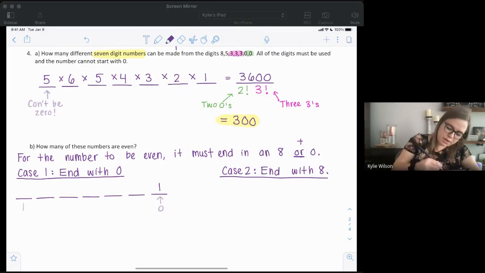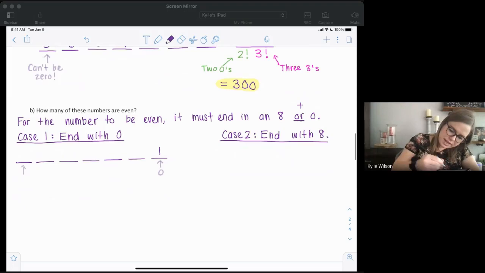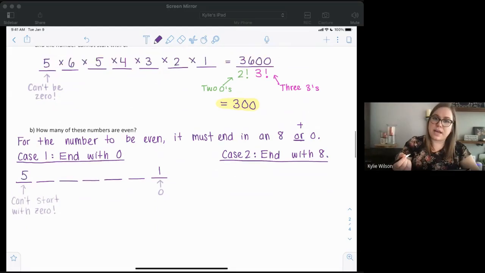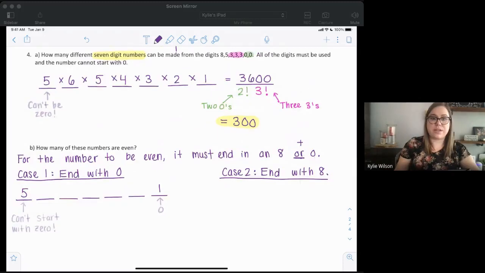Then, if we recall from over here, we still can't start with 0. That's still happening. So that means we only have 5 options here, because that one can only be 8, 5, 3, 3, or 3.